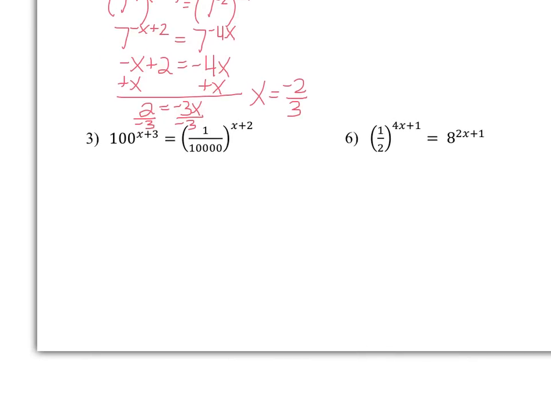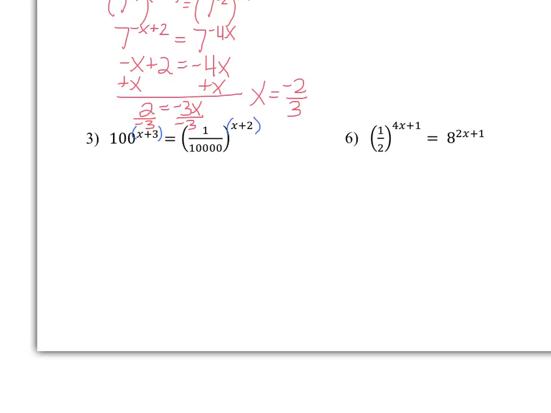For question number 3, we have 100 to the power of x plus 3 equals 1 over 10,000 to the power of x plus 2. As I said, whenever you have expressions as your exponents, put parentheses around it.